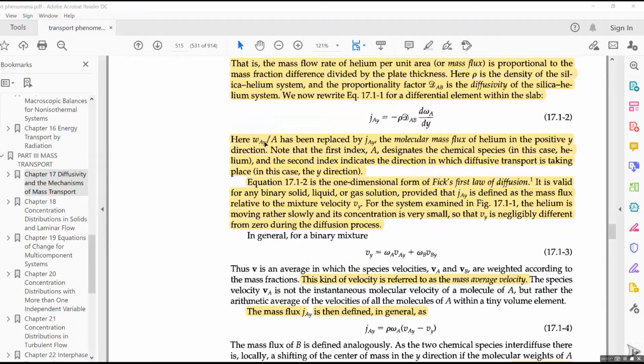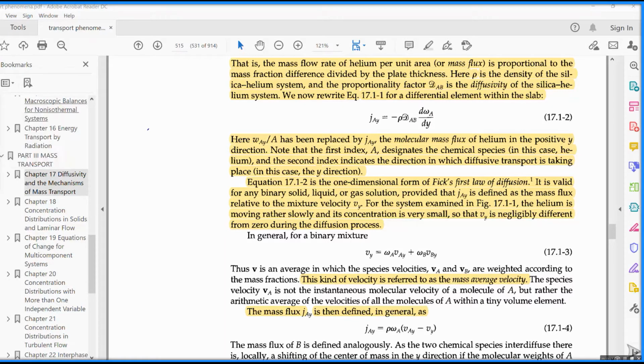Here we just replace WA divided by area by this term. We define this term as the molecular mass flux of the helium in the positive y direction.